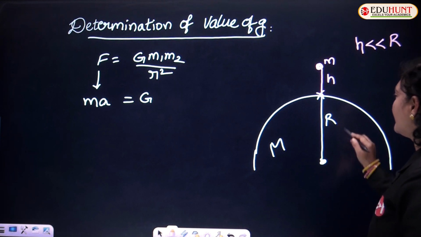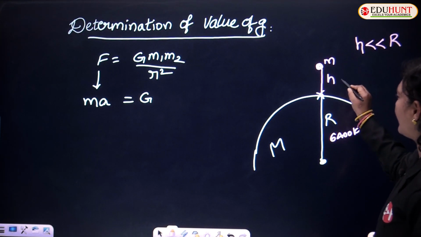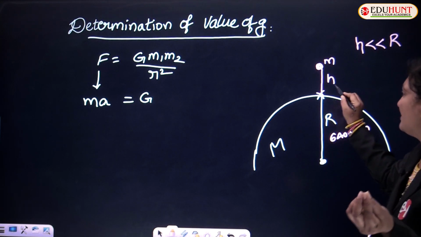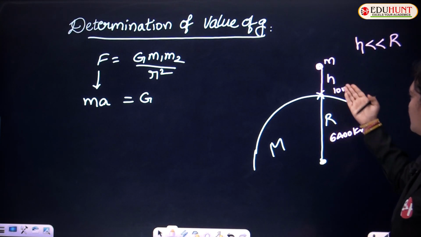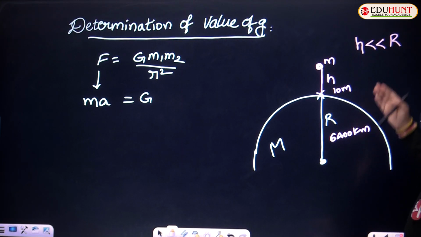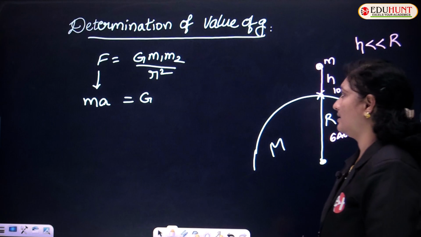As we know, the radius of the Earth is around 6,400 kilometers and the height from which it is falling is a few meters, let us suppose 10 meters. So this 10 meters is a very small value compared to 6,400 kilometers. So h is very much less than R.